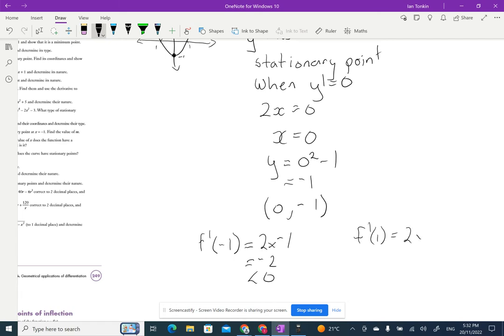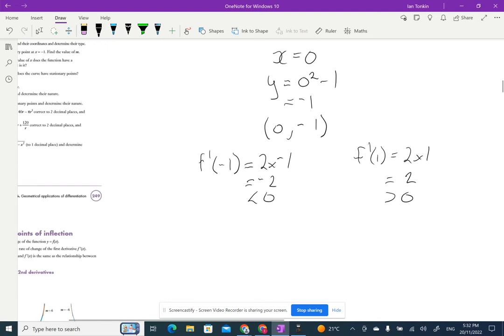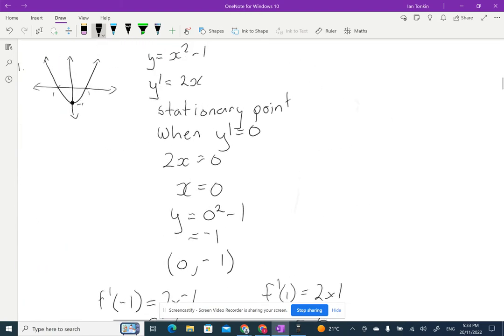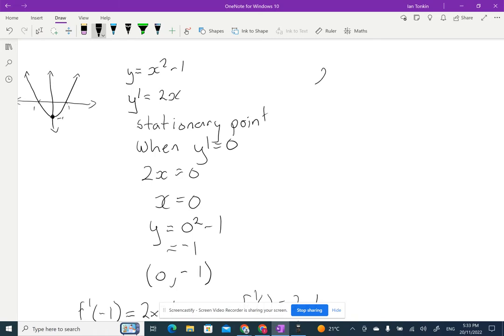And 2 times 1 equals 2, which is greater than 0. Which means it goes from negative to positive, so I'm going to have this, because it goes negative, negative, 0, positive, positive. So I have a min TP, and it's good enough just to write min TP. And that's how you set it out. I'm going to do question 2. You have a go at it before me.